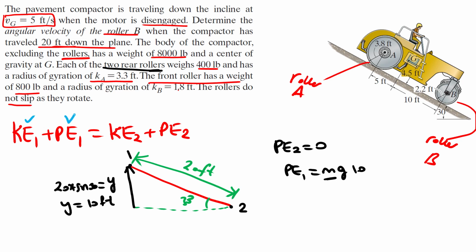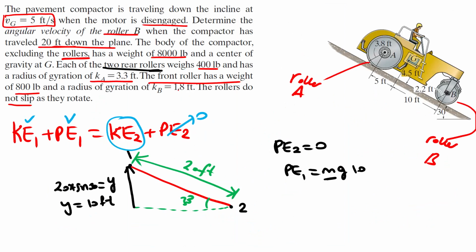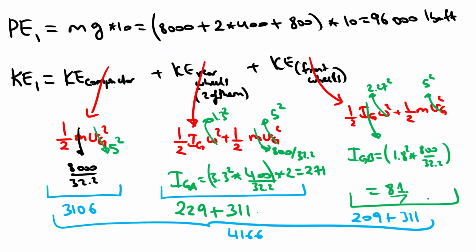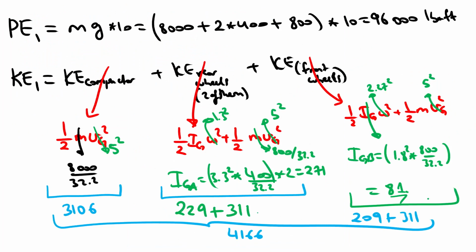Potential energy 1 is also there. Kinetic energy 2 is unknown. Potential energy 2 is 0. So let's write all the terms together. Kinetic energy 1 plus potential energy 1 will be kinetic energy 2. This one was 4166, and this is mg times 10. mg is the total mass weight, which I believe I calculated somewhere.